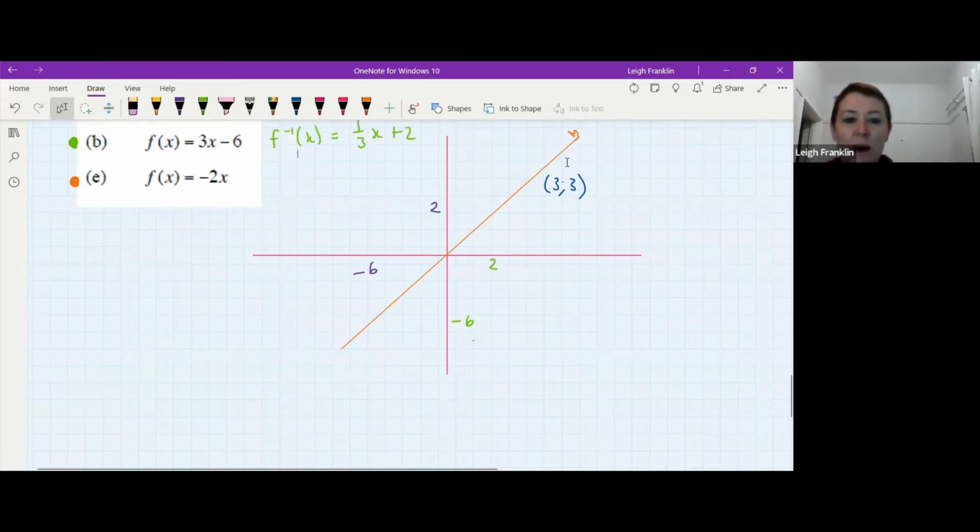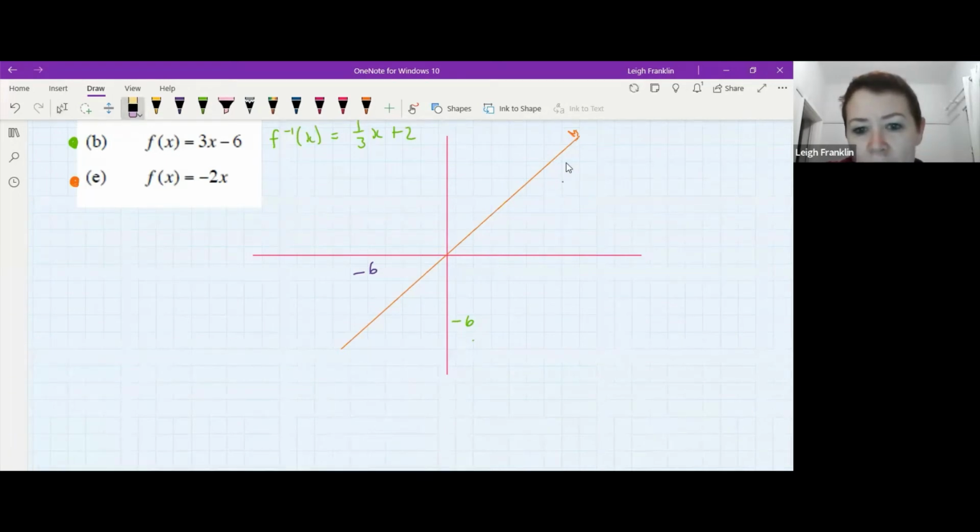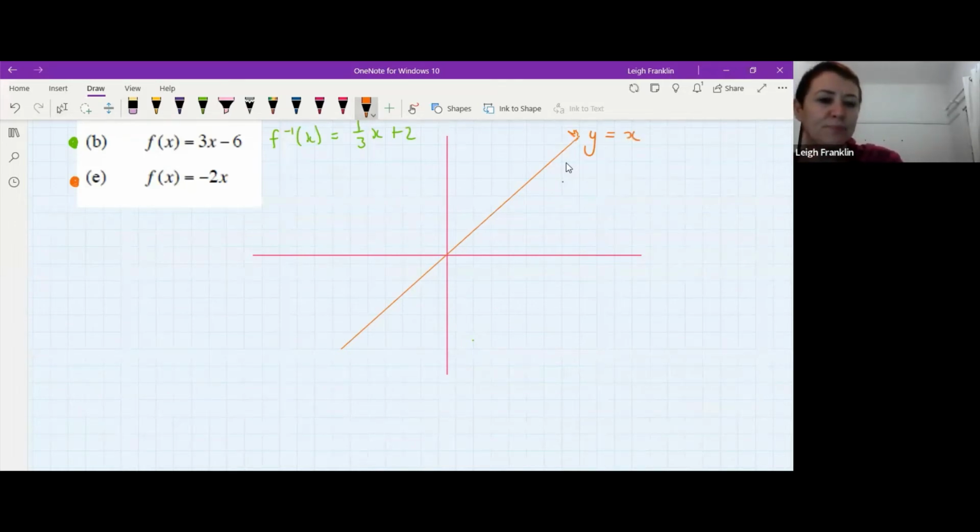All right, so we're going to leave the line y equals x there. And we're going to take away that. So I'm going to take away that and that and that. And then maybe in orange, I should leave this as y equals x. Okay, so now when it comes to us sketching the line f of x equals minus 2x, the inverse you should have written as follows.